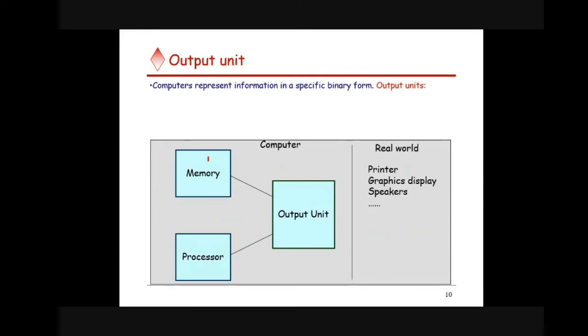So finally we reached our output unit. What is the function of the output unit? The output unit does not mean any output device, just like what I told for the input unit. It is the same thing the output unit is doing.